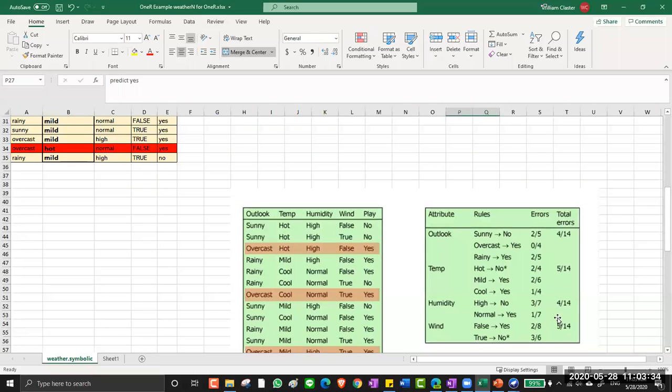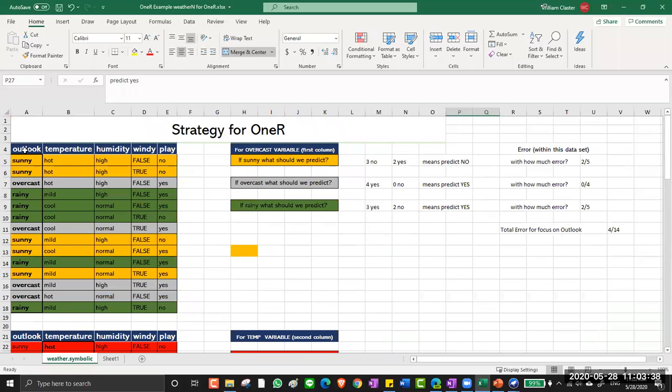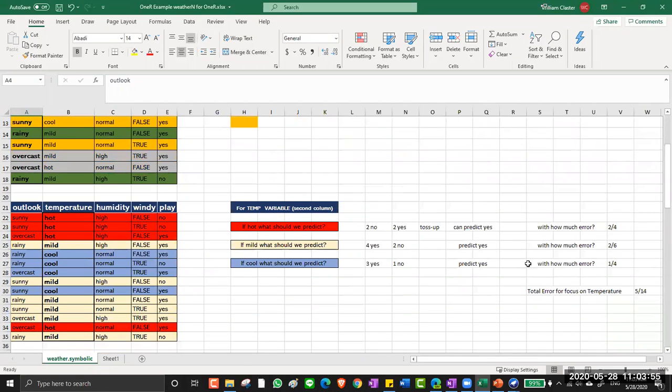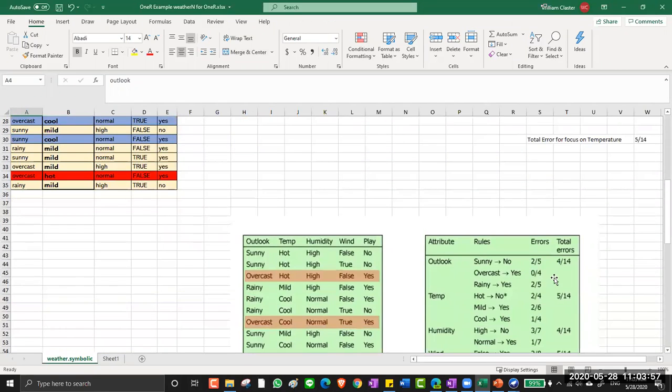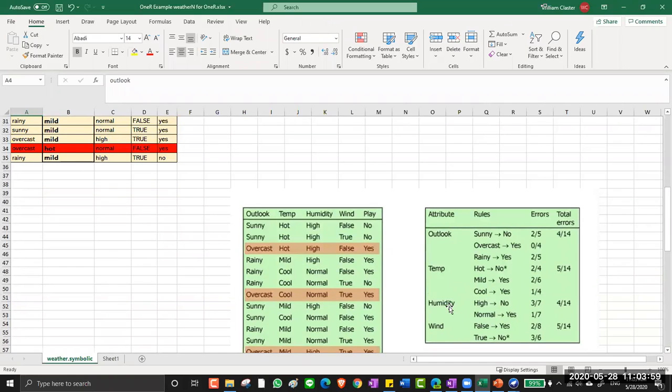So now the question is, if we're just going to choose one variable to make our decision, which is what OneR stands for, which variable should we choose? Well, we should choose the one that generates the least total error. In this case, there's actually two that generate the same least total error, so you could choose either Outlook or humidity.